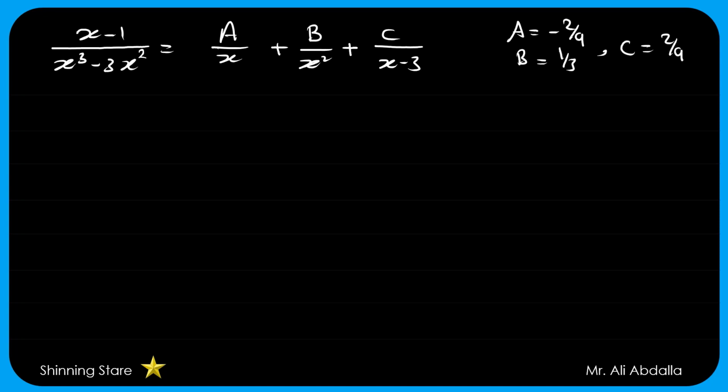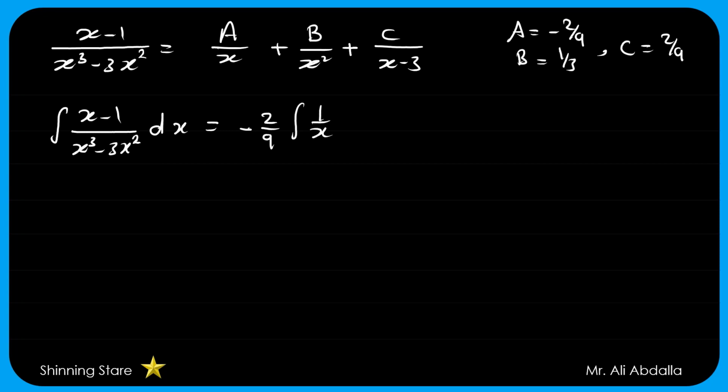Then we can find the integral of this function. The integral of x minus 1 over x cubed minus 3x squared dx equals a, which is negative 2 over 9, taken outside the integration, times the integral of 1 over x dx.